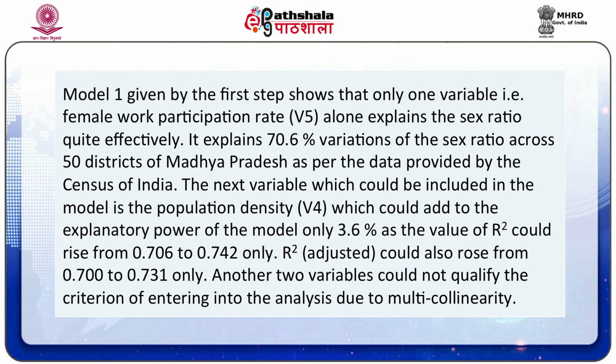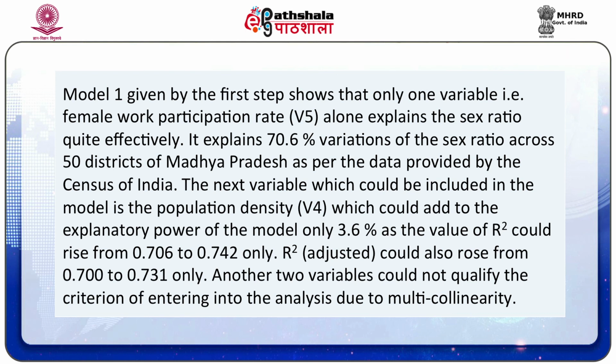which could add to the explanatory power of the model only 3.6%, as the value of R square could rise from 0.706 to 0.742 only. Adjusted R square could also rise from 0.700 to 0.731 only.